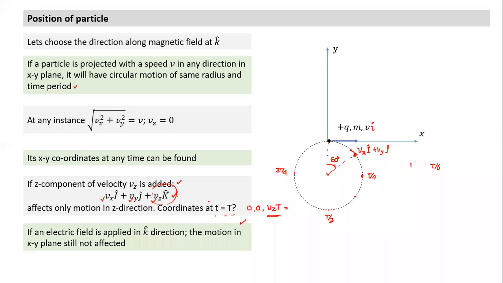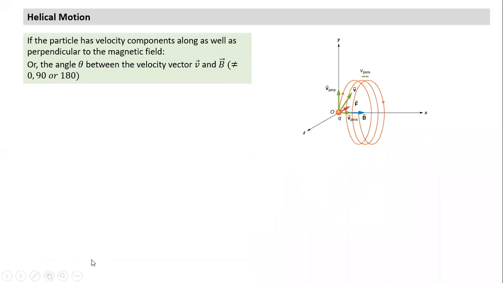If only the magnetic field is there, it will have uniform motion. If in addition to the magnetic field there is an electric field also in the Z direction, it will have uniformly accelerated motion in that direction, and we can solve such questions. In addition, the kinetic energy also will change. So we look at one question which involves something like this.